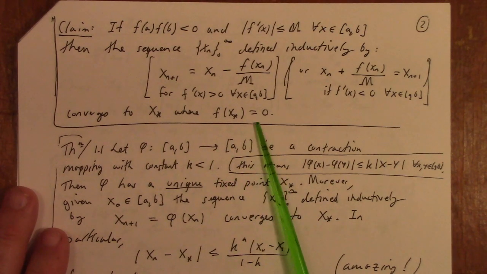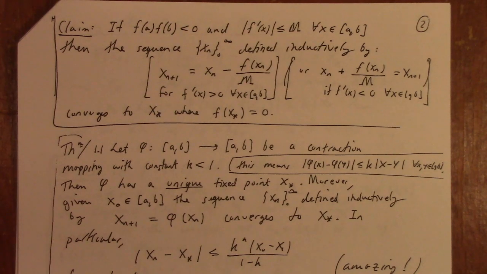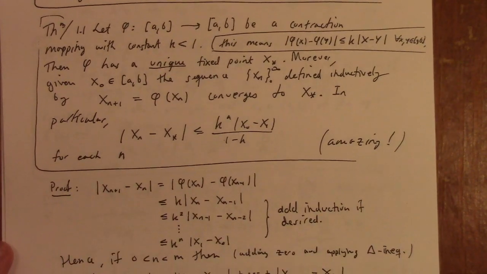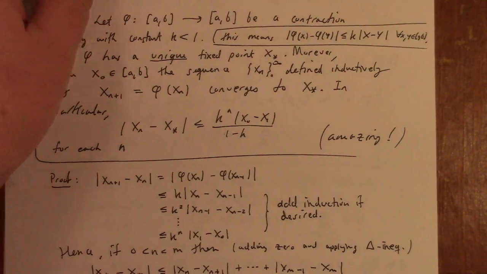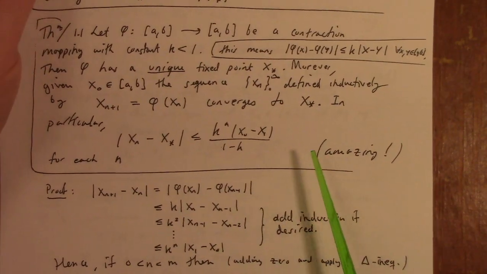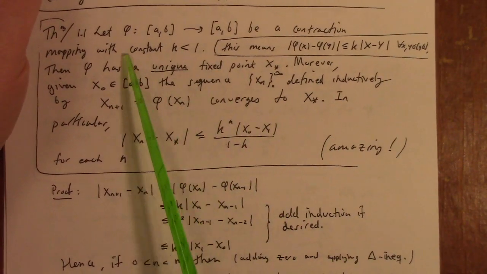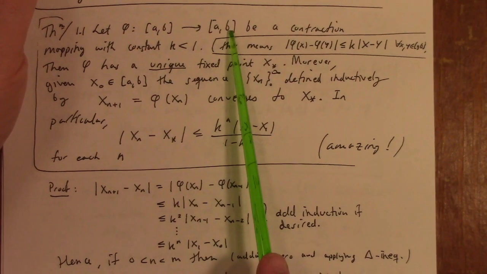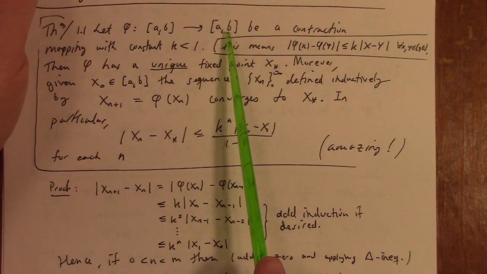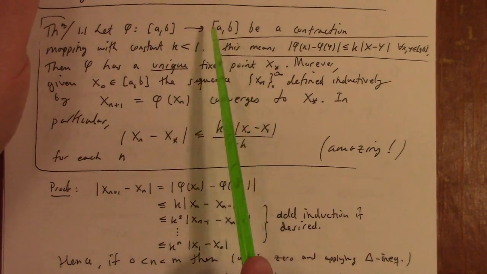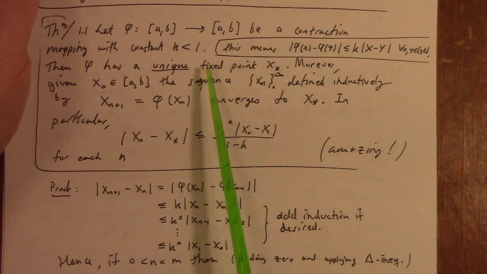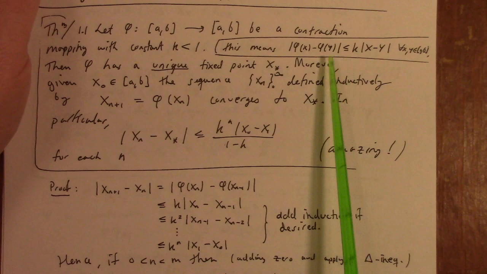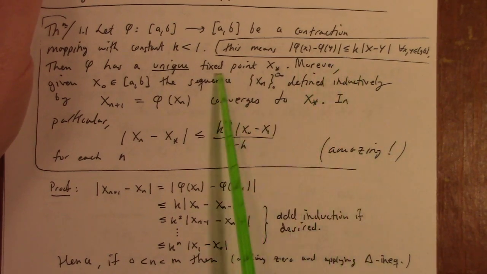Now, to prove this, he first proves the contraction mapping theorem. It is stated here for a function from a closed interval to a closed interval. That would be a very special case of our Banach space with a closed subspace, where the norm is the absolute value and alpha is called k.